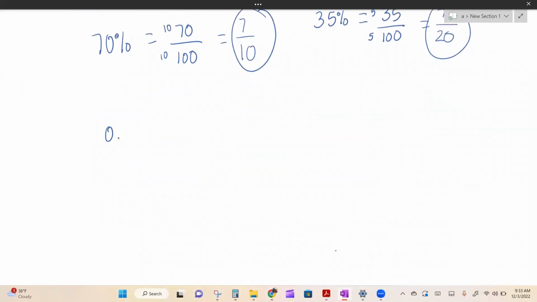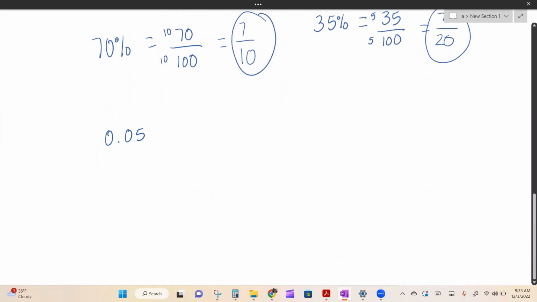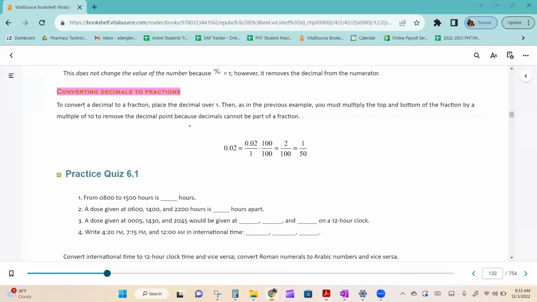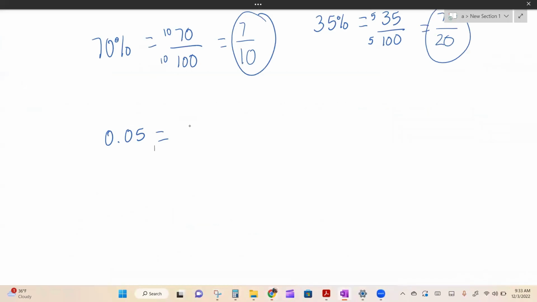Let's do 0.05. It wants you to take that number, 0.05, and write that over 1. And then we need to multiply each one of these by 10n.